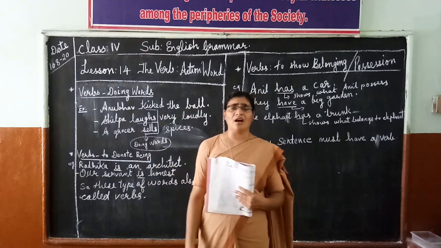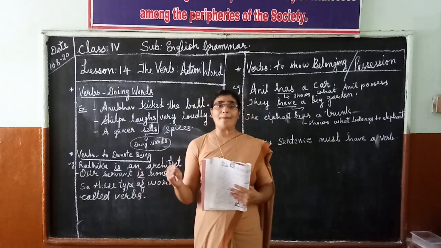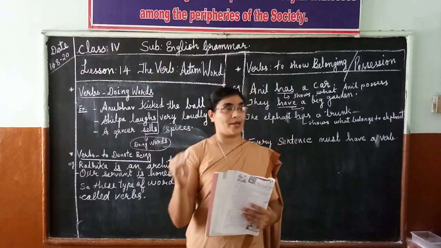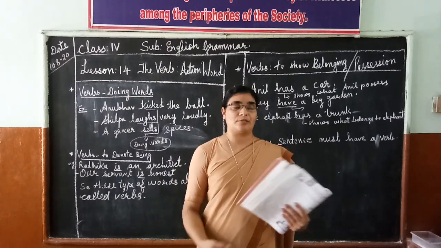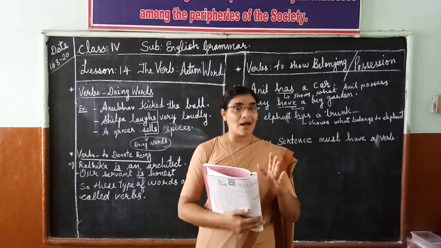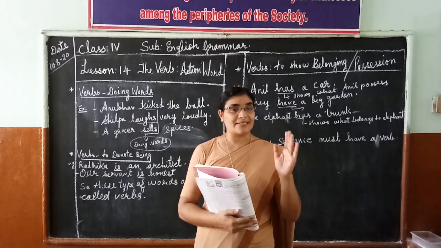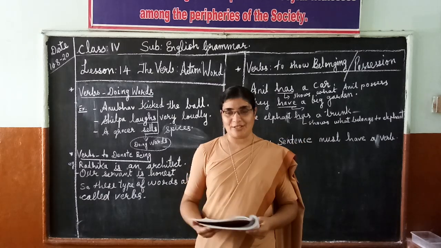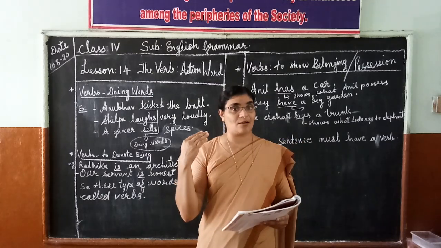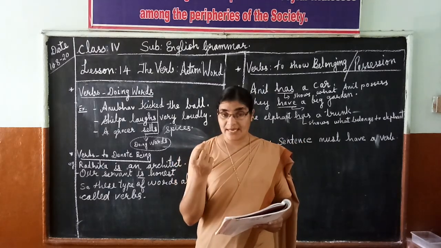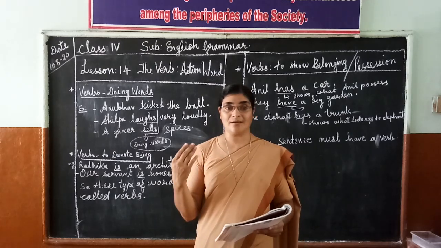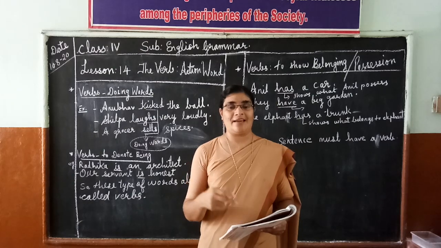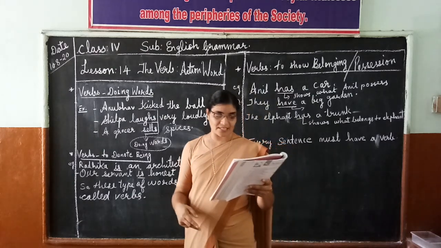Now, another example: Gopal wrote a beautiful poem. If we just say "Gopal beautiful poem," it does not give a proper understanding. Sometimes a verb in a sentence can be only one word, sometimes more than one or two. Here we have examples on page 59.